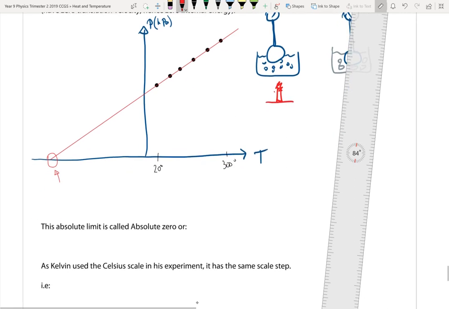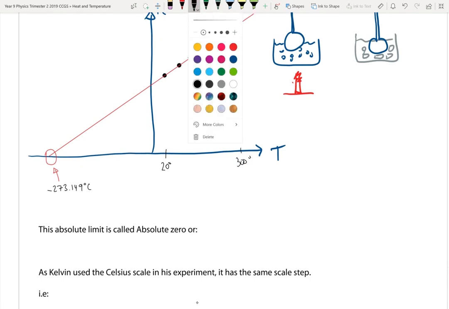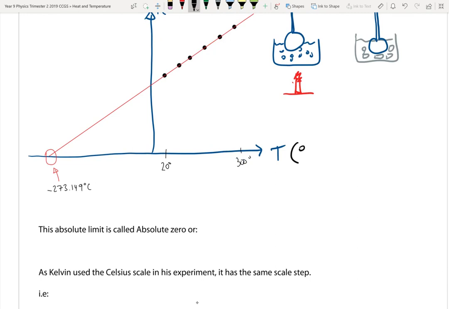So, could we please write down here, and I'll get rid of the ruler for now, he got minus 273.149 degrees Celsius. He was actually using Celsius's scale, and so his temperature scale on the x-axis was degrees Celsius.